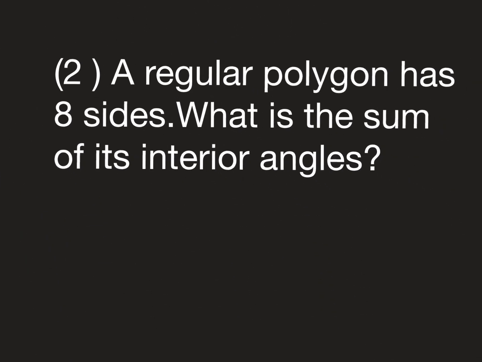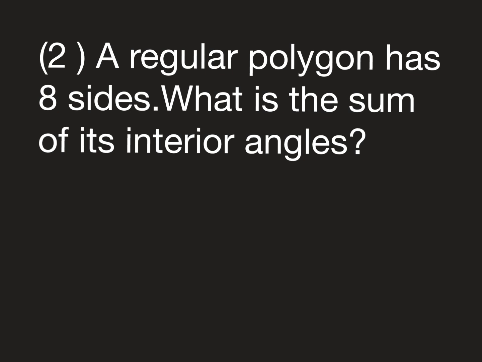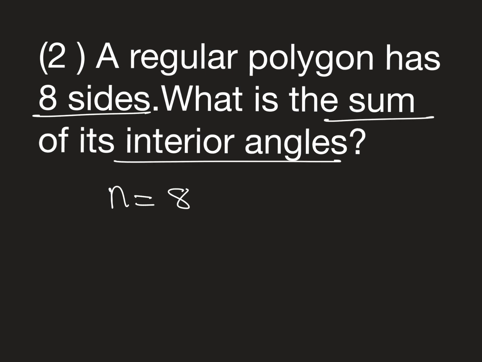Moving on to the second question, it says a regular polygon has 8 sides. So the number of sides is 8. What is the sum of the interior angles? What is the formula to find the sum of the interior angles? It is (n minus 2) multiplied by 180.